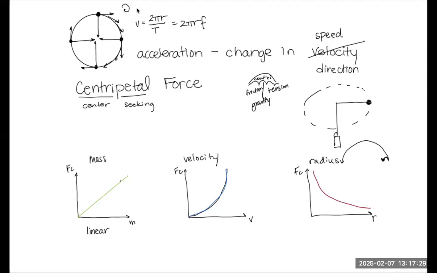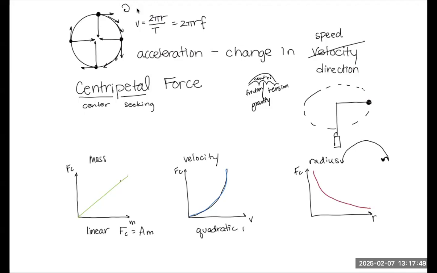So we take these three relationships, and we know that for a linear relationship, that means that we could write centripetal force as some number times the mass.